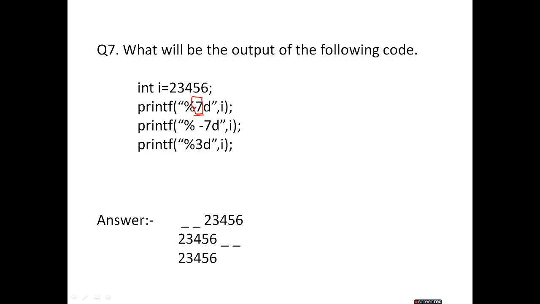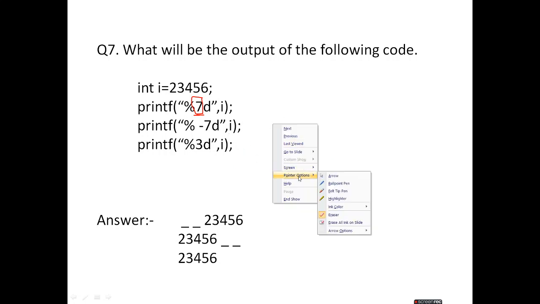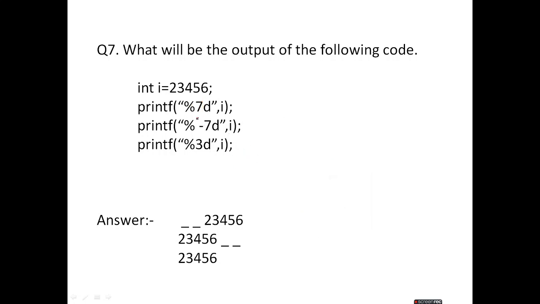If this 7 is positive, here it is positive +7, so +7 shows the right justification. So here it will be right justification. Here it will preserve 7 spaces on the output screen.